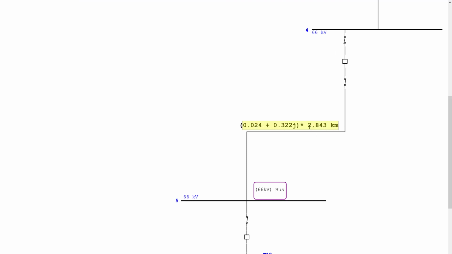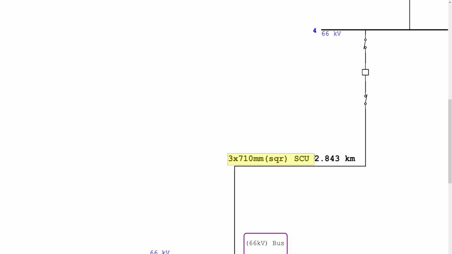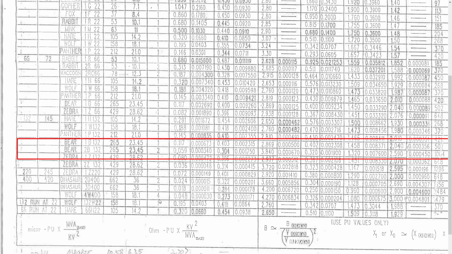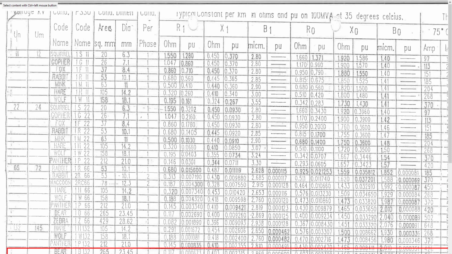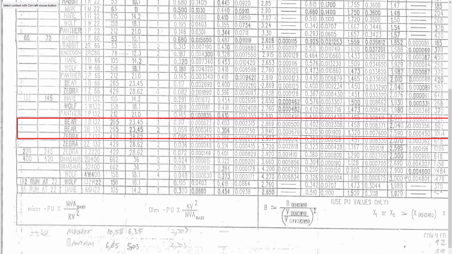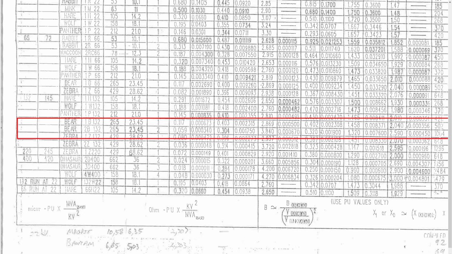Now you notice here we have something different. Instead of having a name of the cable, we have the millimeter square. This is the area of the cable. Going back to the same table, we can see that they also gave us the area in millimeter square. Now we just have to see which area corresponds to what we have here, which is a 710.